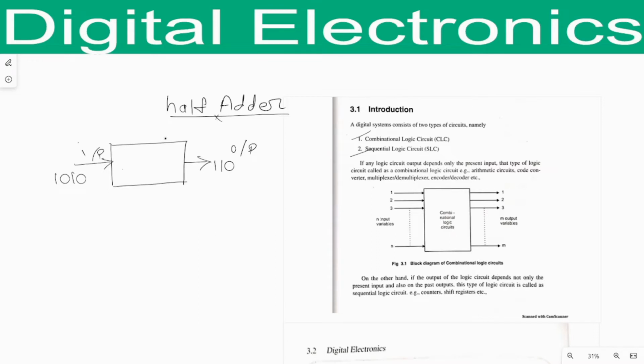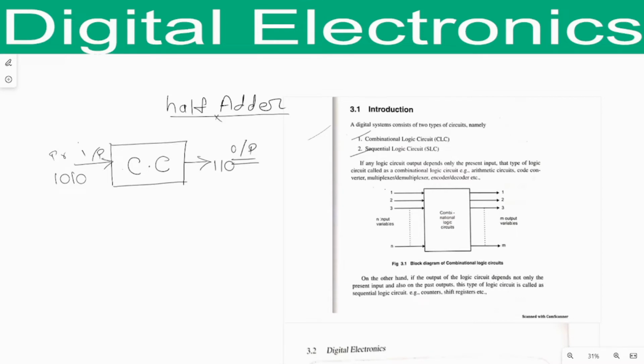Now this type of digital circuit is known as a combinational circuit, CC, when and only when the present output depends on the present input. Suppose here I am checking a block diagram.